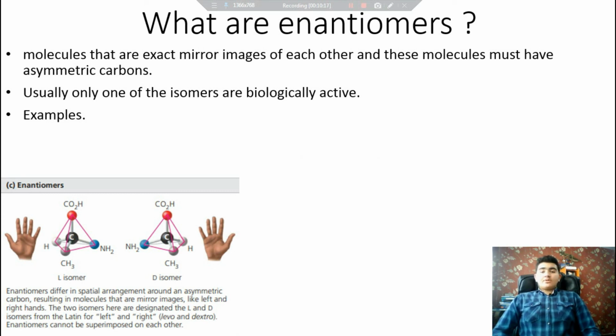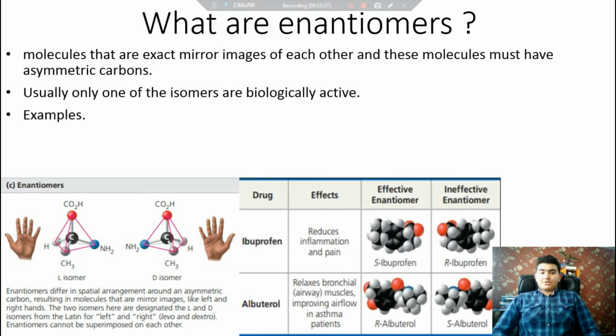And the concept of enantiomers is very important in the pharmaceutical industry, because the two enantiomers of a drug may not both be effective, as shown in this picture.